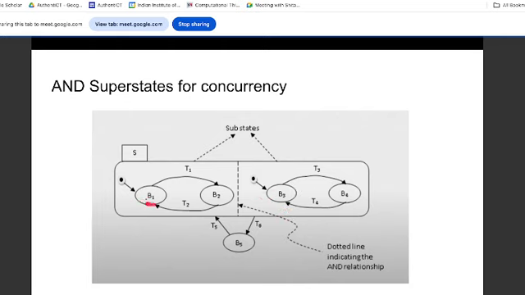So there are two different components of the system, two different parts of this model, b1 and b3, b2 and b4, which happen concurrently. This dotted line is the thing that separates them. So we know that these are not connected to each other, these are not part of the same variable, but these are two different variables which will change concurrently at the same time.